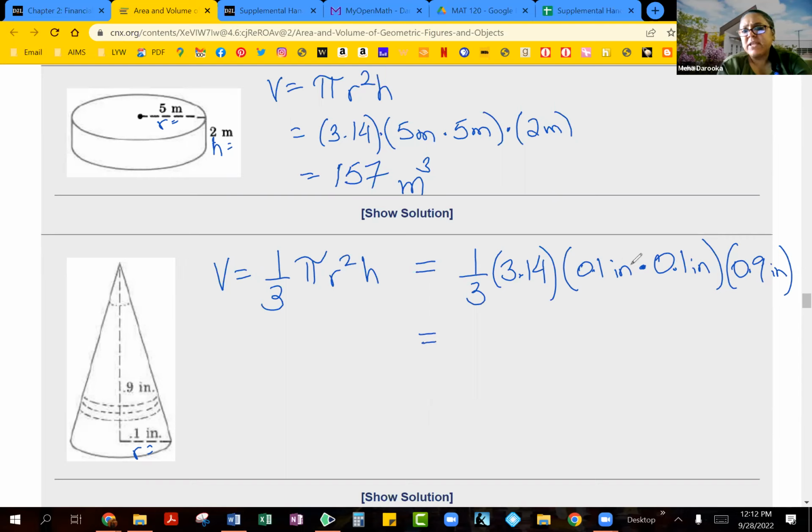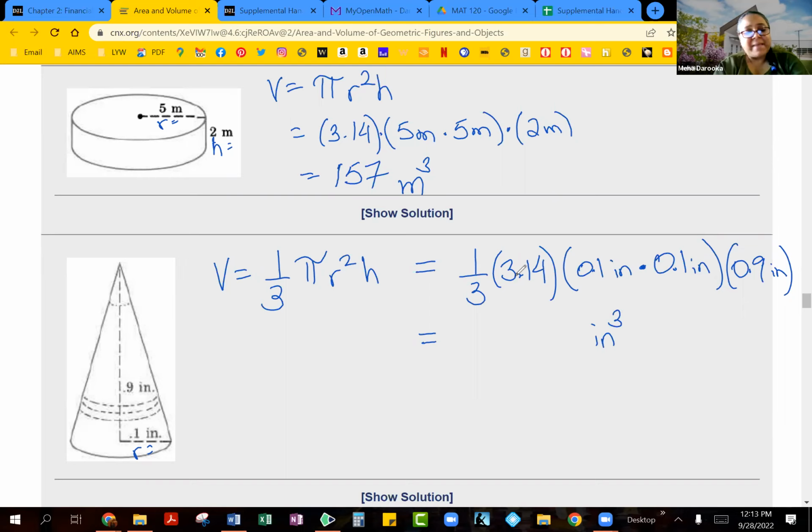So you will see we're again doing inches times inches times inches, which of course will then end up giving us cubic inch. And then you are multiplying, and I would do the same thing. So 1 times 3.14 will just be 3.14. So just multiply 3.14 with 0.1, multiply again with 0.1, and then multiply with 0.9.